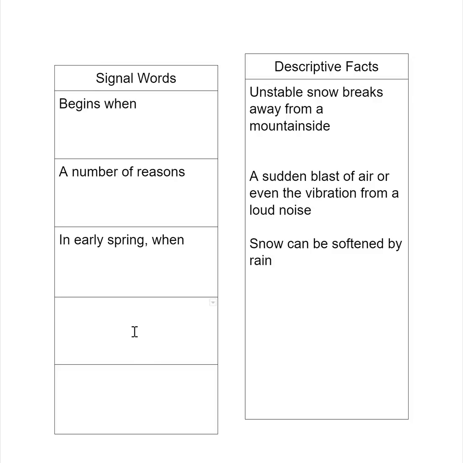Okay, our next signal, still in that same paragraph, as they weaken. Okay, as what weakens? Well, that's our signal that the author is going to explain what weakens, or what happens as they weaken. An entire slope can begin to slide downward.